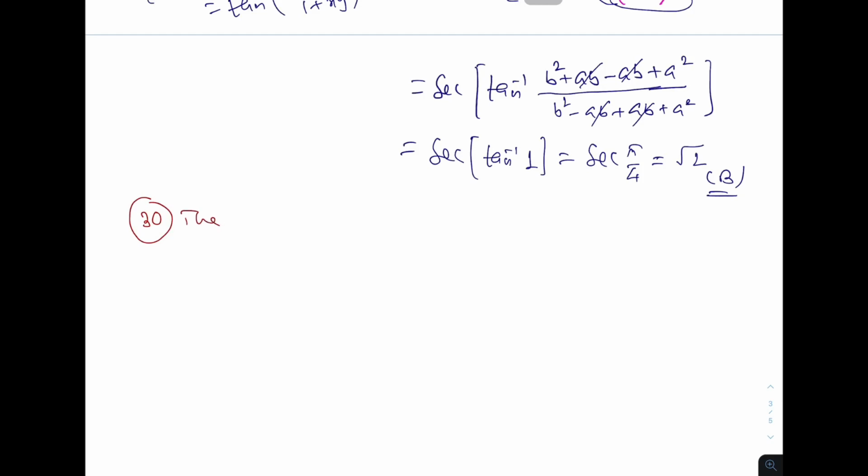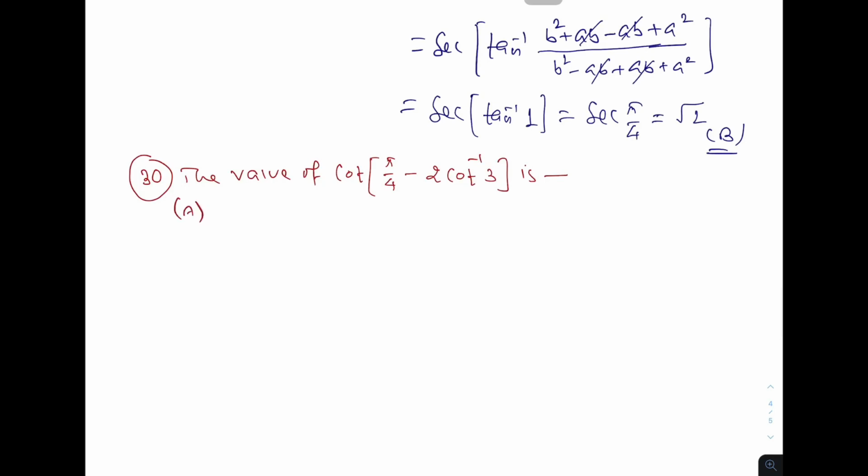The value of cot of (pi by 4 minus 2 cot inverse 3) is blank. Options are 3, 7, 9, 3 by 4.